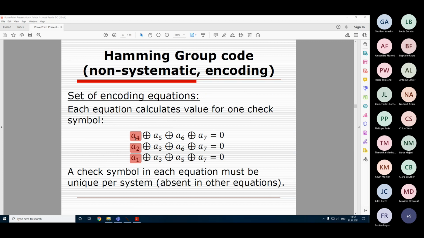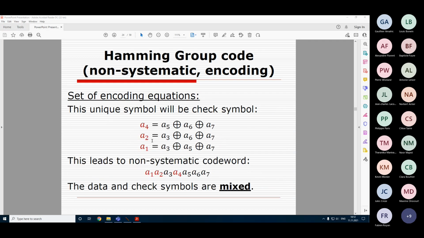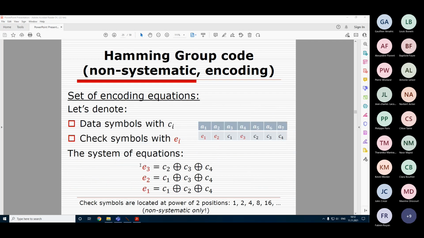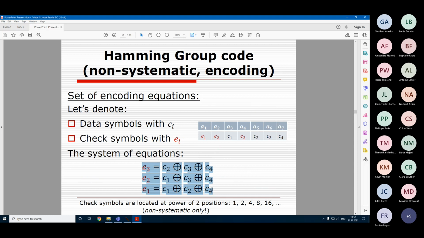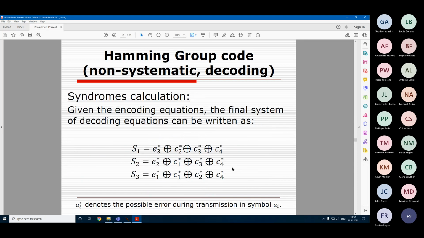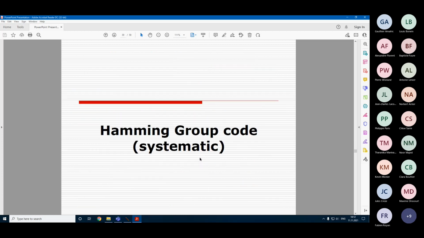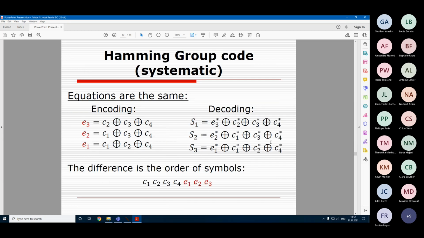Select which symbols should be control symbols, and have these coding equations. Next, you make decoding equations based on your coding equations by simply adding to them this control symbol and setting the result equal to syndrome. Yes, and these are exactly the same equations.